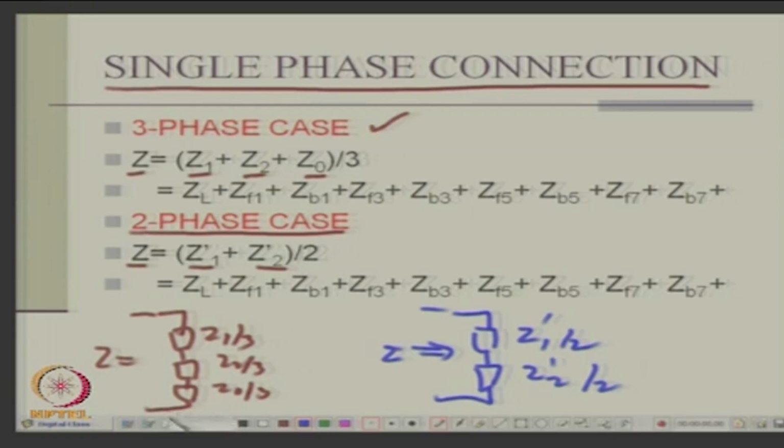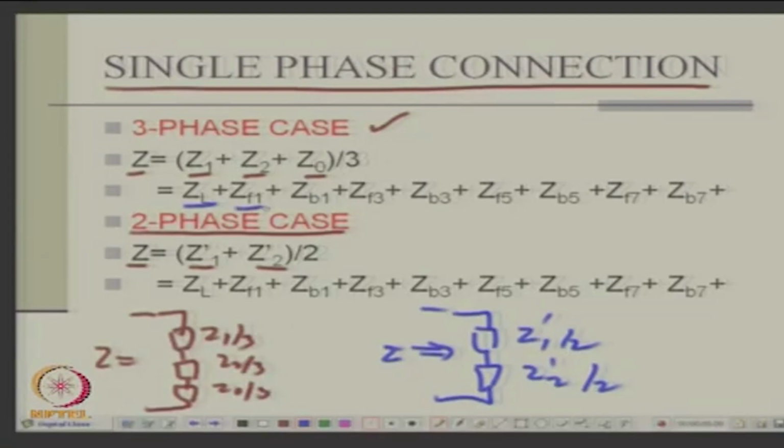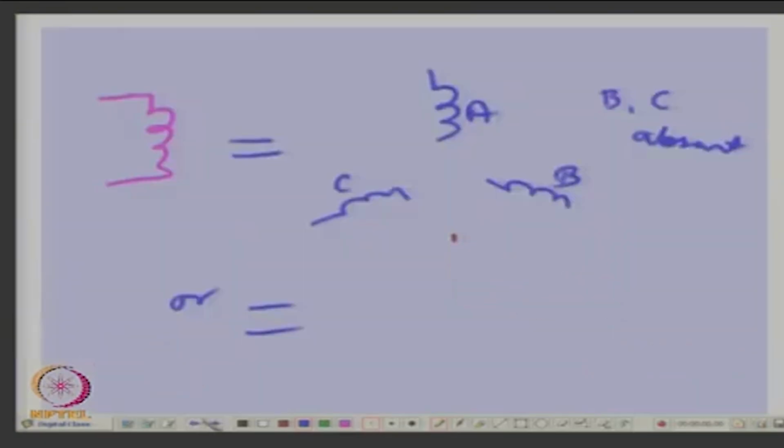If you substitute, you will have ZL plus ZF1 plus ZB1 plus ZF3 plus ZB3 plus ZF5 plus ZB5, ZF7, ZB7, and that is easy.